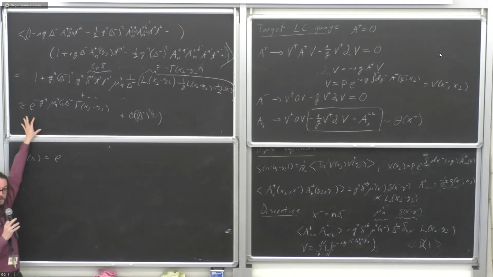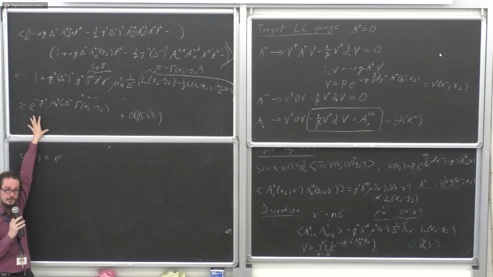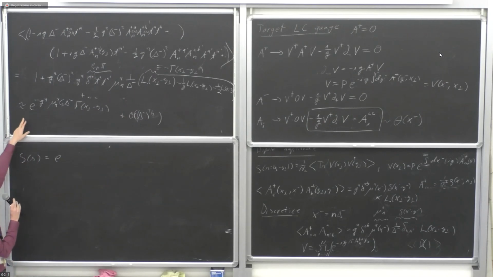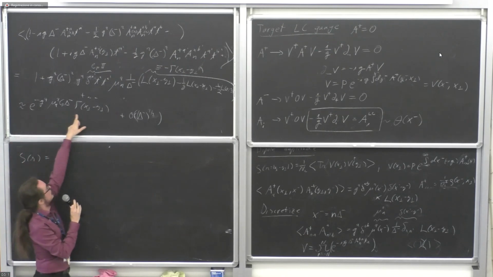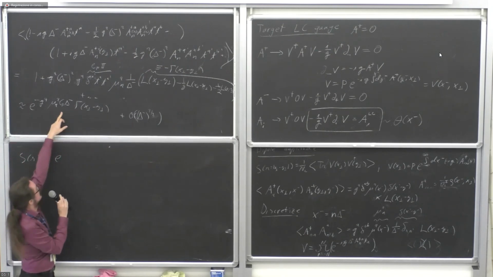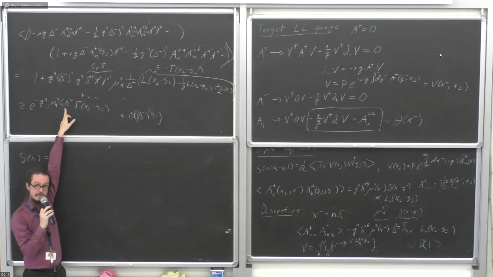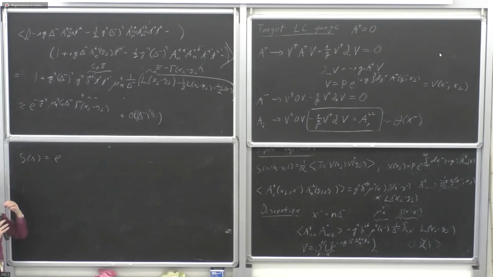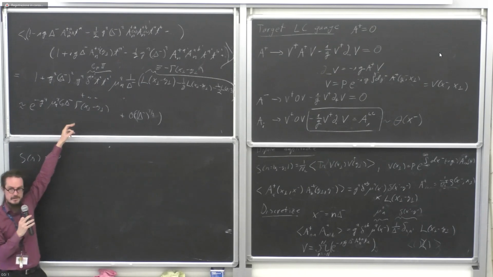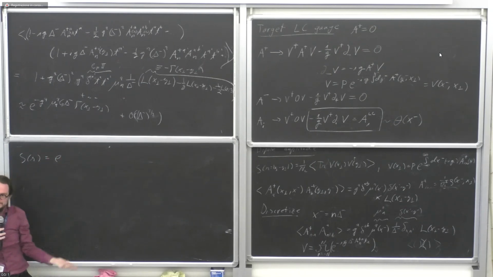I don't need to care about path ordering anymore. These are just identity matrices in color space. So the whole thing is an exponential of a sum of these kinds of things. This is a sum of things that are proportional to the infinitesimal step in x minus, which means the exponential of an integral. Right? The thing in the exponential is an infinitesimal step times a sum of something. So that's an exponential of an integral.